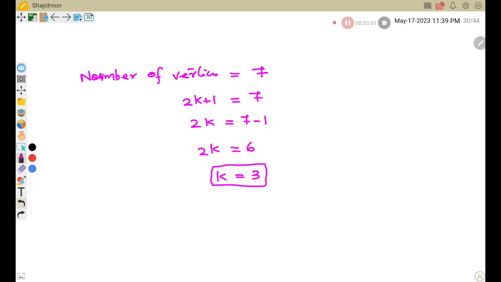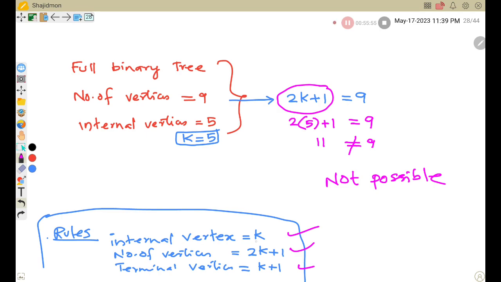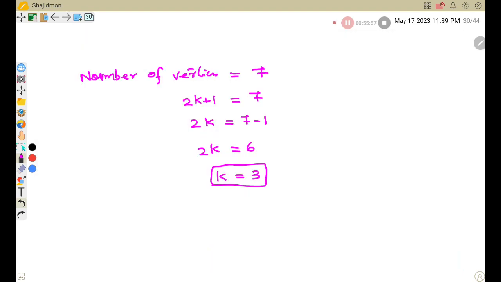K means what is the meaning? We studied just now, I told what is the meaning of k. K means internal vertices, correct? So number of internal vertices we are getting equal to 3, because k equal to 3. So total number of vertices 7, number of internal vertices 3.